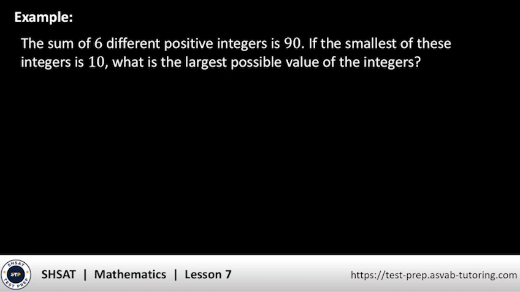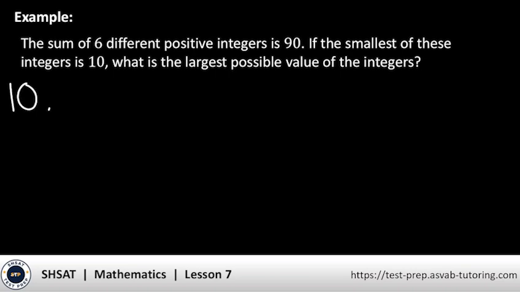If the smallest of these integers is 10, what is the largest possible value of the integers? Okay, if the sum of 6 different positive integers is 90 and the smallest number is 10, one of the integers has to be the largest, the other has to be the smallest. So let's say, because these are 6 different positive integers, we can consider them to be consecutive.